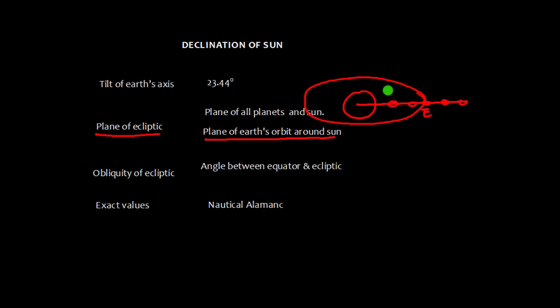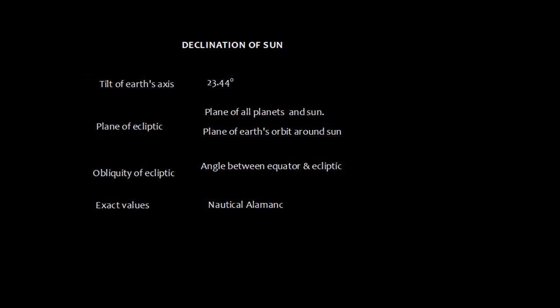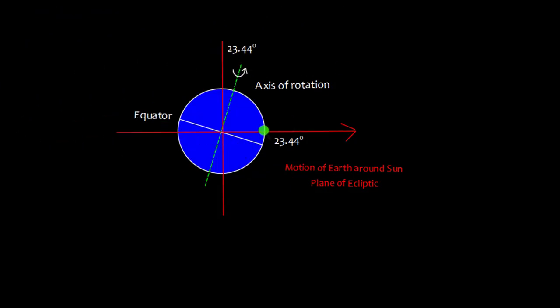around the sun. Then we need to understand the term obliquity of ecliptic. Well, this is the angle between the equator and the ecliptic, and that is how we are going to depict this in the next picture. Suppose Earth's orbit is here, and we call it horizontal. Obviously 90 degrees to that will be vertical.